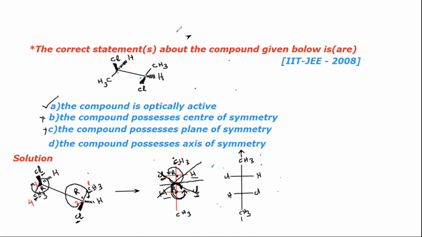By taking the carbon chain as the rotational axis, rotate the molecule by 180 degrees along the axis. If you rotate about an axis, the left hand side and right hand side groups are exchanged.